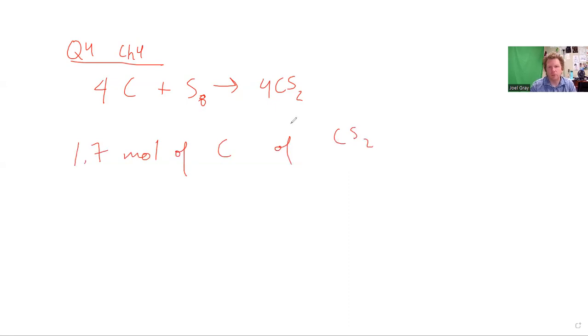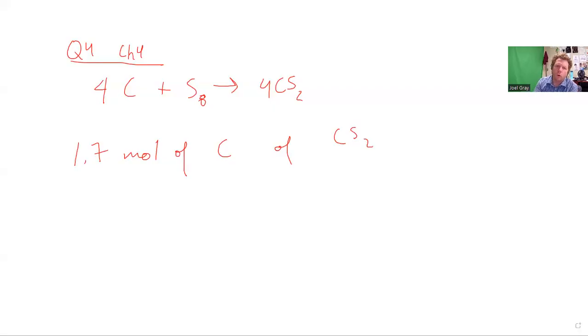And in a hypothetical situation like what's provided here, where you are only told about one of the reactants, it is appropriate to look at the other reactant and say this is in excess.